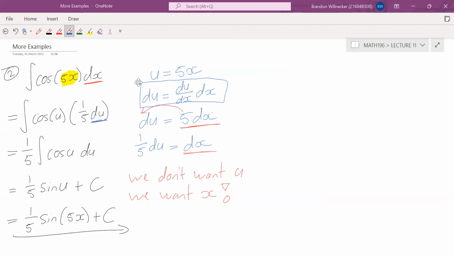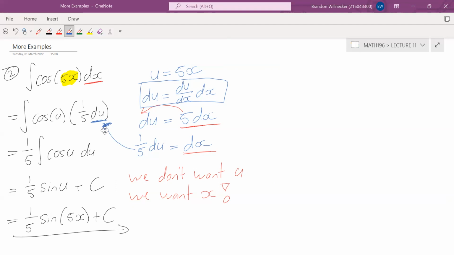But notice how 5 dx does not appear in our original integral. The original integral only has dx. So what we need to do is take this 5 over to the other side. So we get 1/5 du is equal to dx, which is what we can use to replace dx.